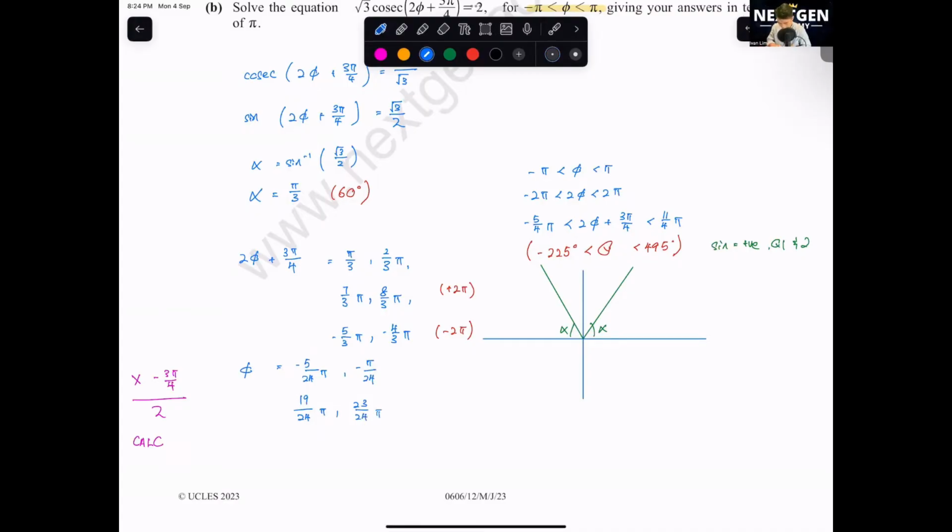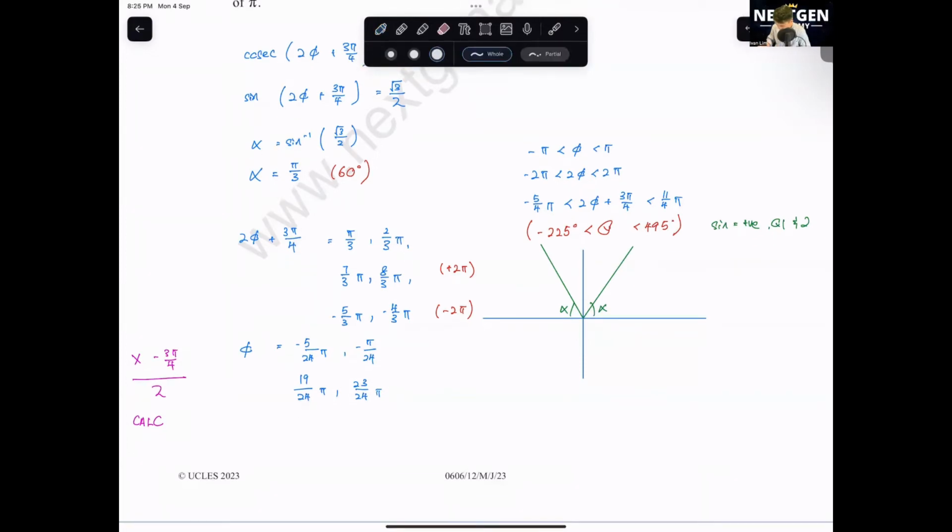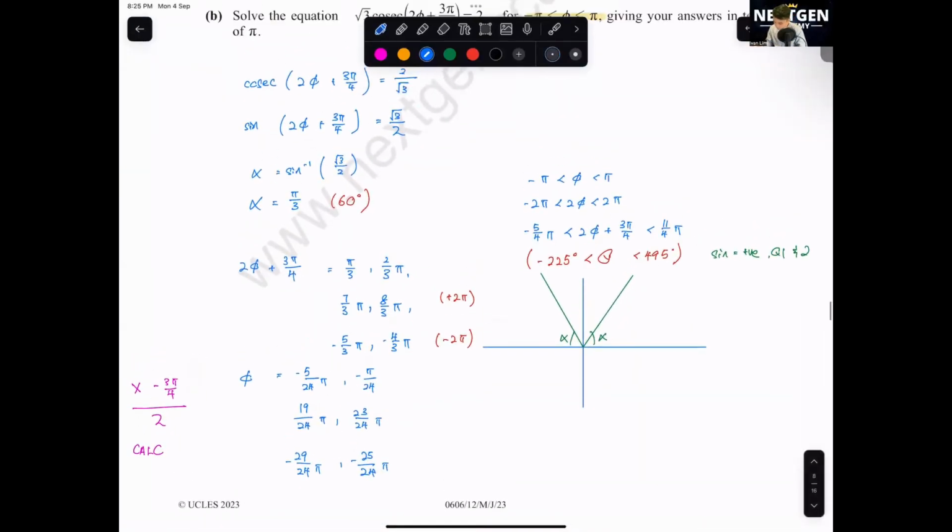This one you'll get negative 5 over 3 minus 3 over 4 divided by 2 minus 29 over 24 pi. Then minus 25 over 24 pi. Okay? Understand what we're doing here?